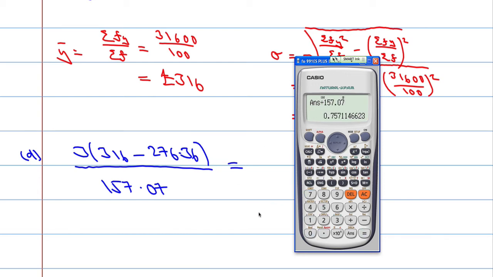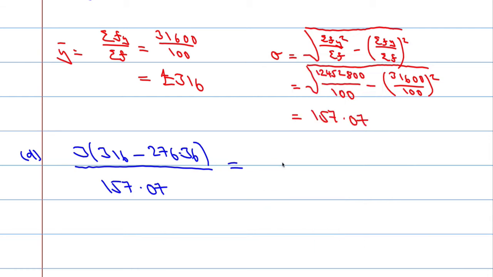Going to give me 0.757 to 3 significant figures. 0.757. It's a positive number, which is telling me that it's a positive skew. So we got a positive skew.